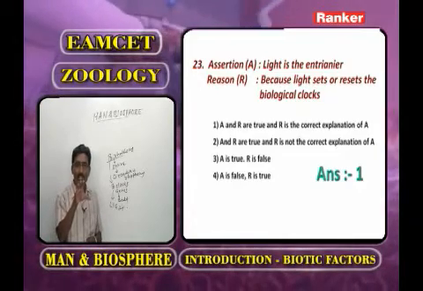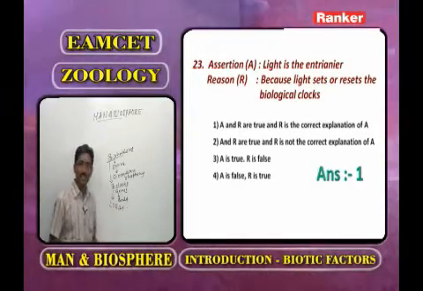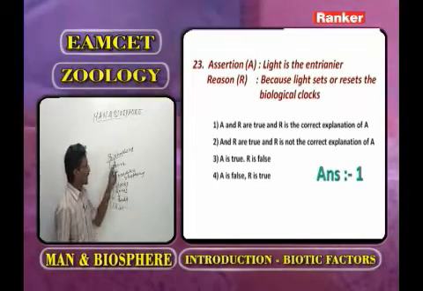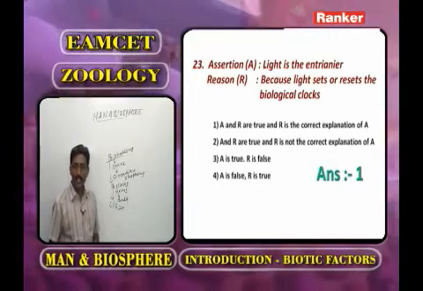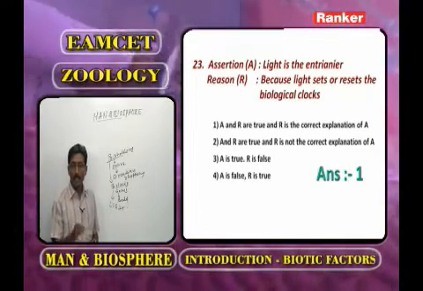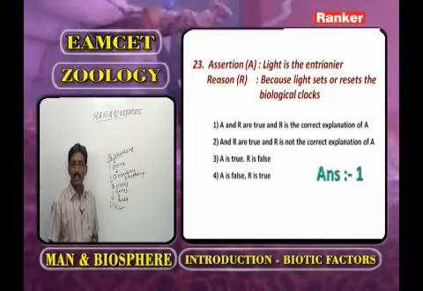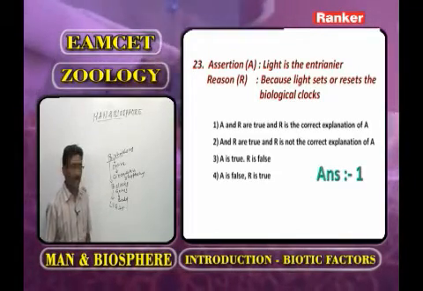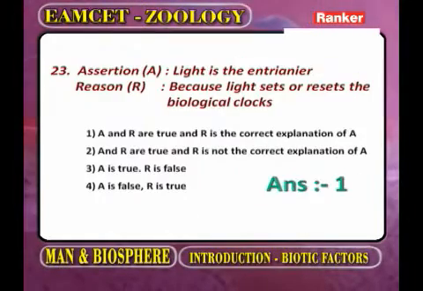The central nervous system gives signals to the genes or biological clocks. Automatically the rhythms may start or stop. So here light is an entrainer. Reason: because it sets or resets the biological clocks. Both are correct, and the reason explains the assertion, A. Now we go for the next question.